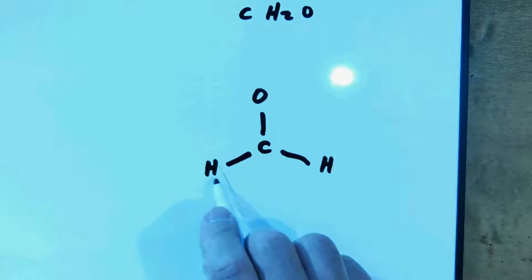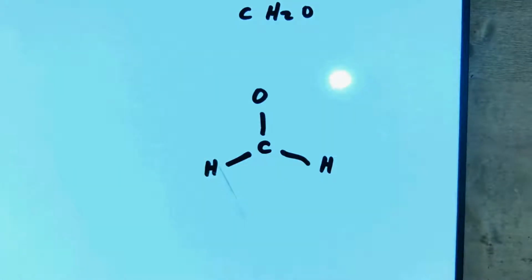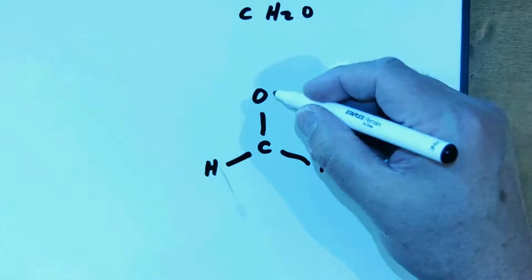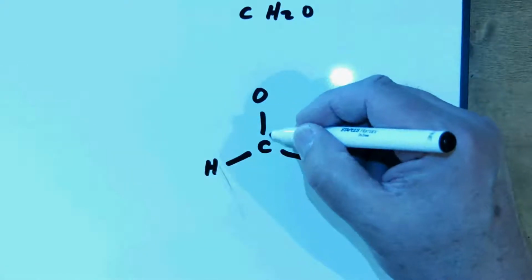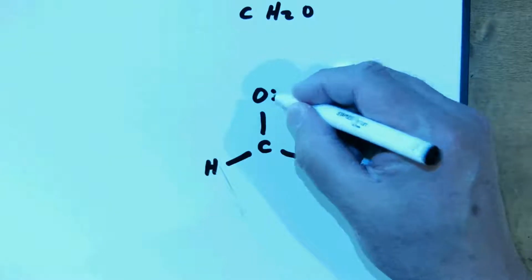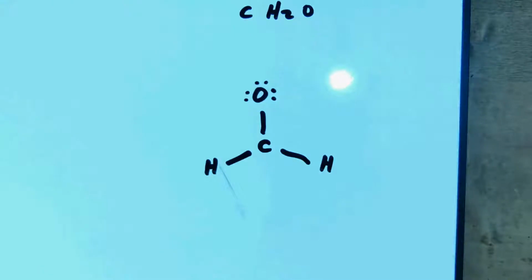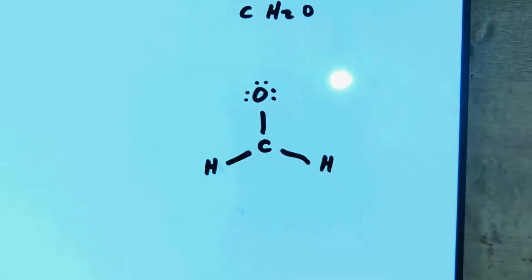Those are outers. You don't complete octets on hydrogen. Hydrogen never, ever gets an octet, right? So you complete the octet on the oxygen here. Right now, that oxygen has 2 electrons. It needs 8. Well, now he has 8. So when it says to complete the octets on the outer atoms, that's what it means.